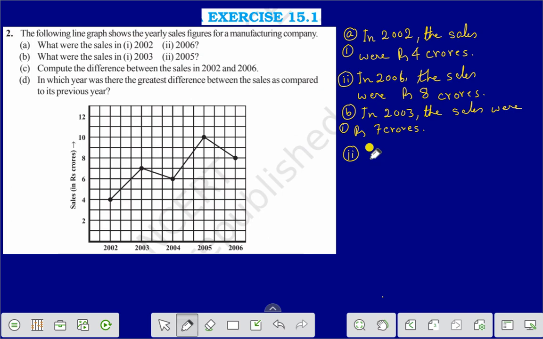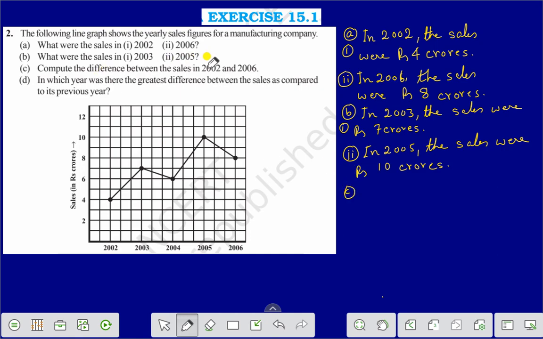In 2005 the sales were rupees 10 crores, right?